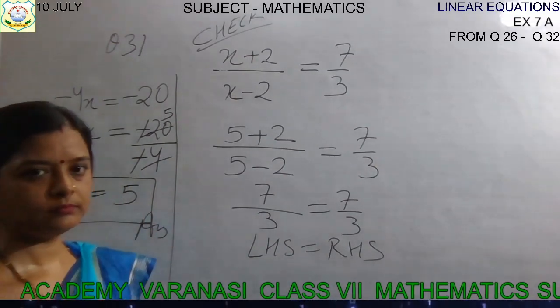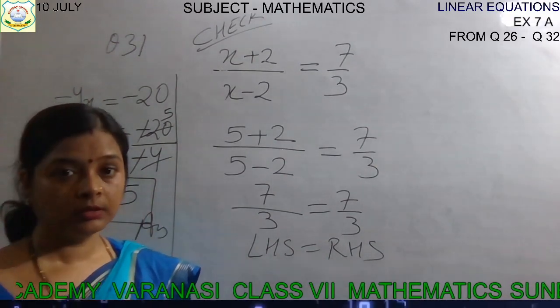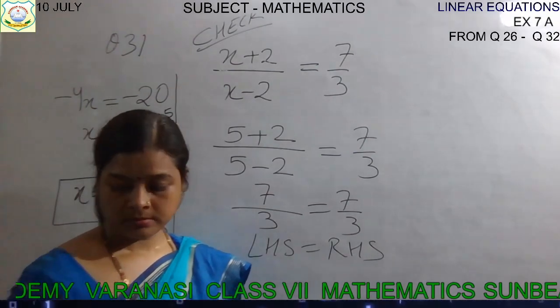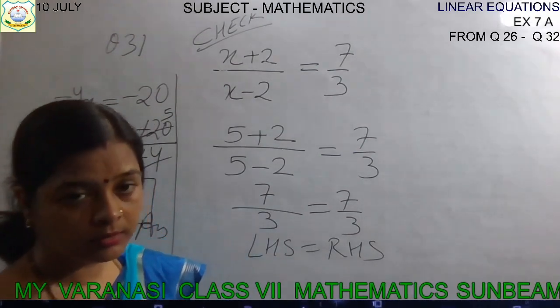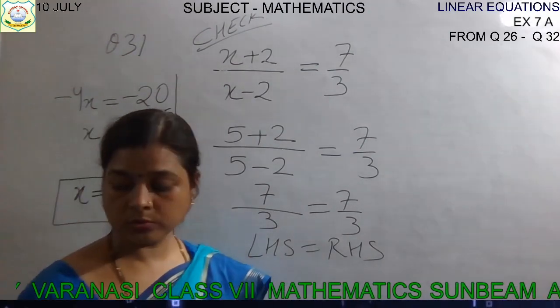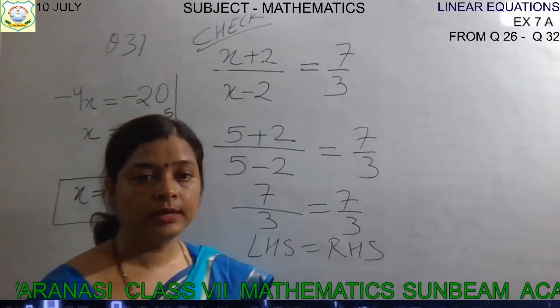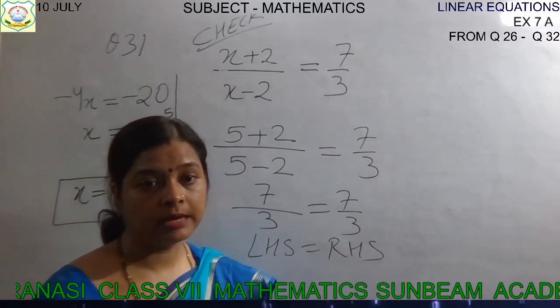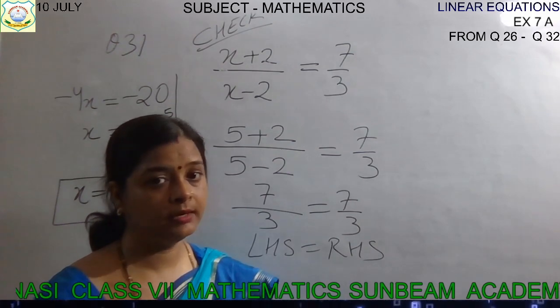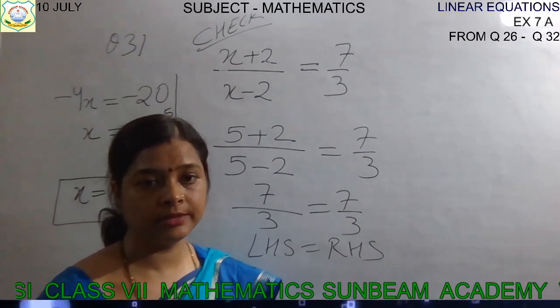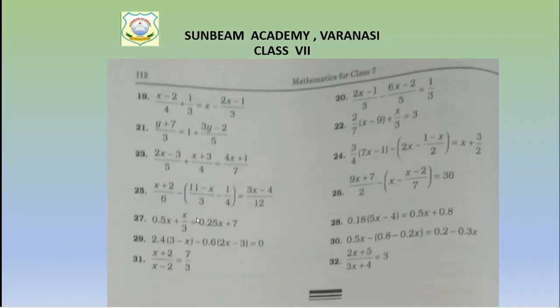Okay. So this is question 31. This is the last question. I thought let me cover one more question for you. So let's see which question can we complete in this class, because a little more time is left. Now, can we complete the last question?